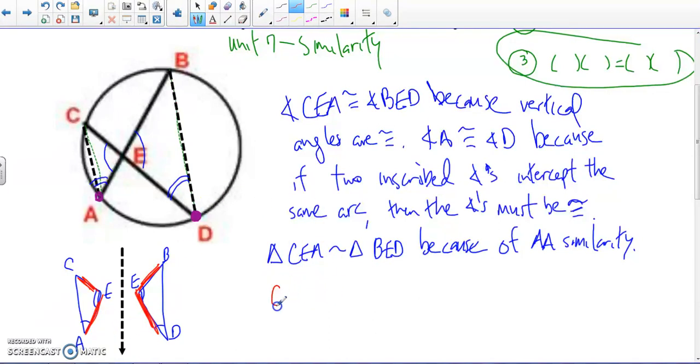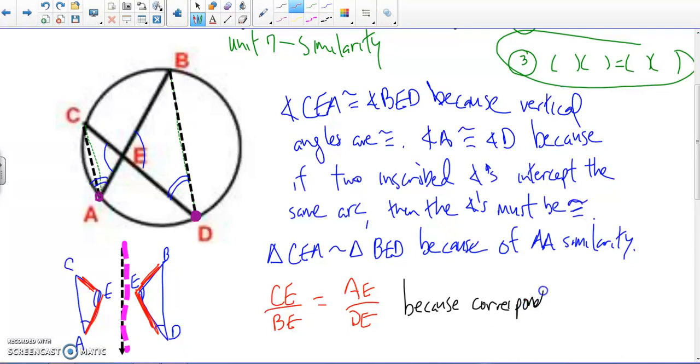So what I can say next is that CE is to BE as AE is to DE. So I'm just lining up those corresponding sides because we know this is a rule from a long time ago. Corresponding sides of similar triangles are proportional.